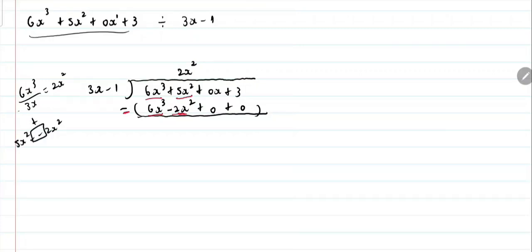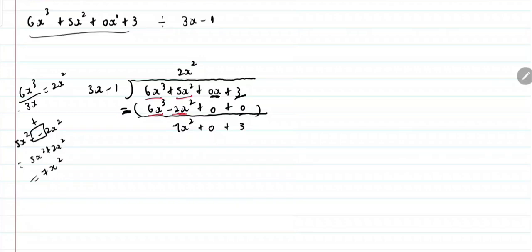This is effectively the same as 5x squared plus 2x squared, which is 7x squared. Alright? So I have 7x squared here. 0x minus 0 is still 0. Plus 3 minus 0 is still 3. Right? Now what do we do now?